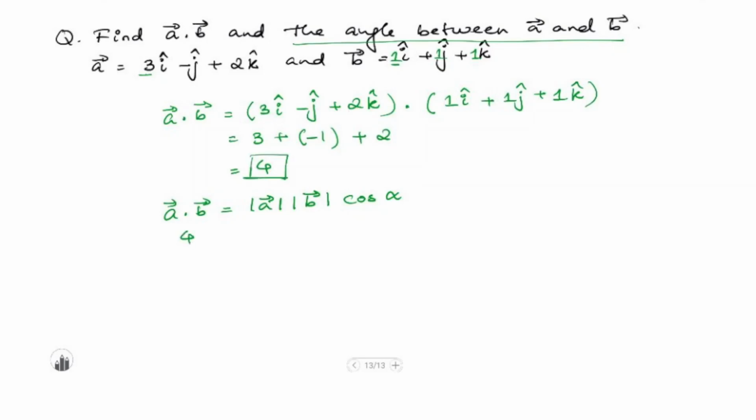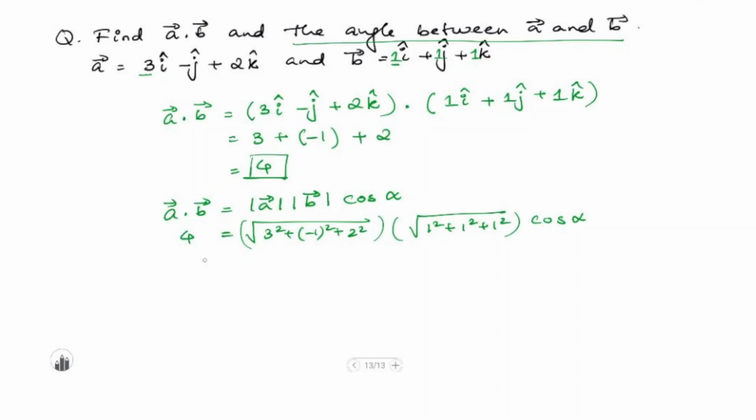We'll write that down here. Magnitude of A, we have to find it out. So that would be 3 squared plus minus 1 squared plus 2 squared. And then we will multiply that with the magnitude of B, which is 1 squared plus 1 squared plus 1 squared. And then we will multiply it to the cosine alpha here.